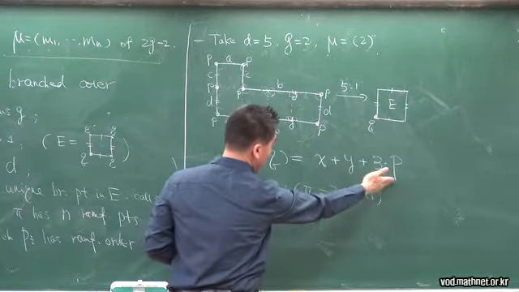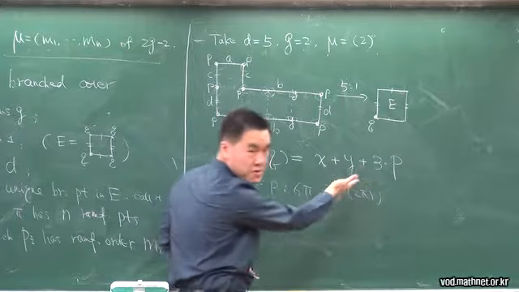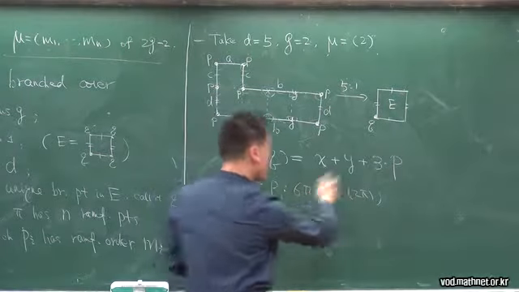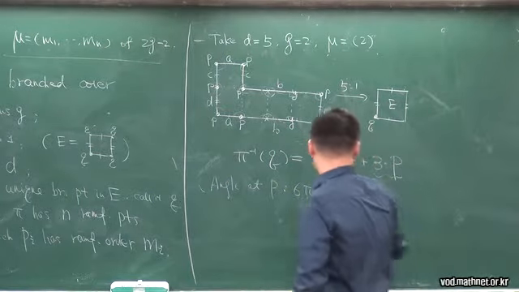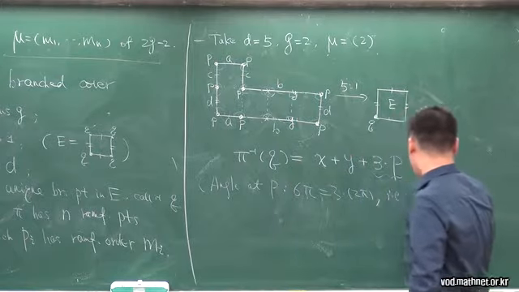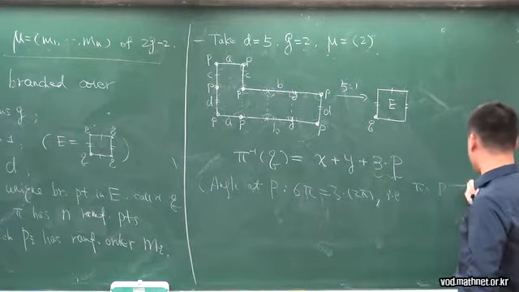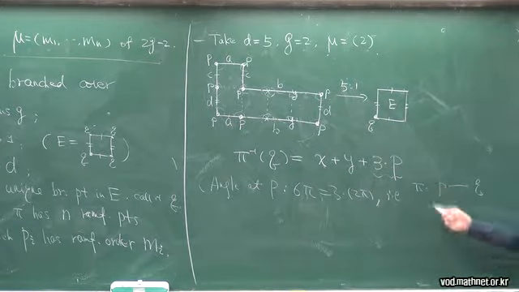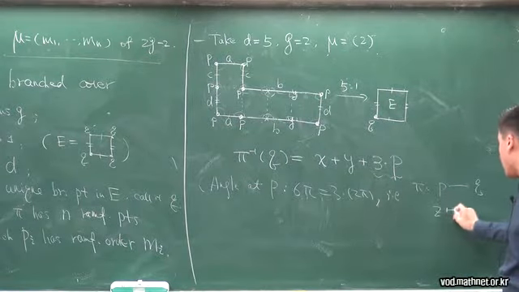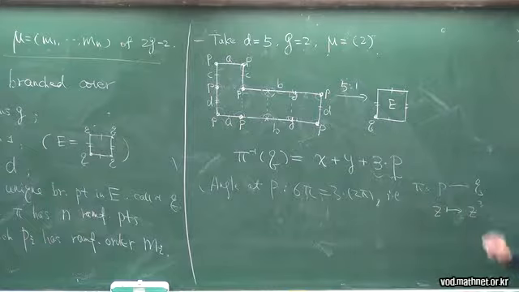That tells you over P, the total coefficient should be 3. But what does this mean, 3P? 3P just means that the map pi, if you look at a local neighborhood from P to Q, if you choose suitable coordinates, this 3 just means Z mapping to Z cube, right? If you choose coordinates.